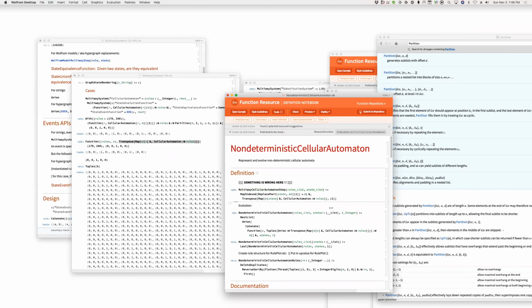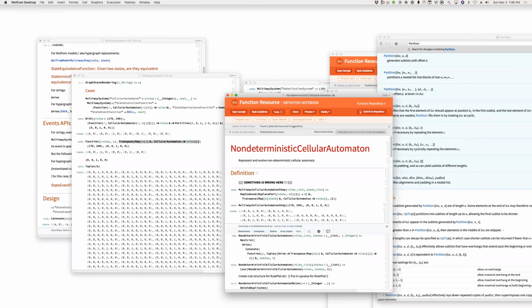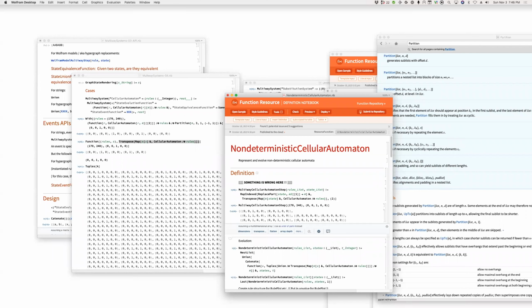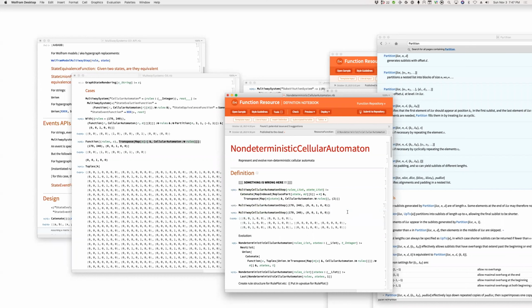How do you feel about that? So it says multi-way cellular automaton step of rules, say 170, 240. And I think we need a catenate at the end of that. What do you think? I mean, we need to union it, but I think that's okay. Yeah, but unionization is a separate operation. Right.